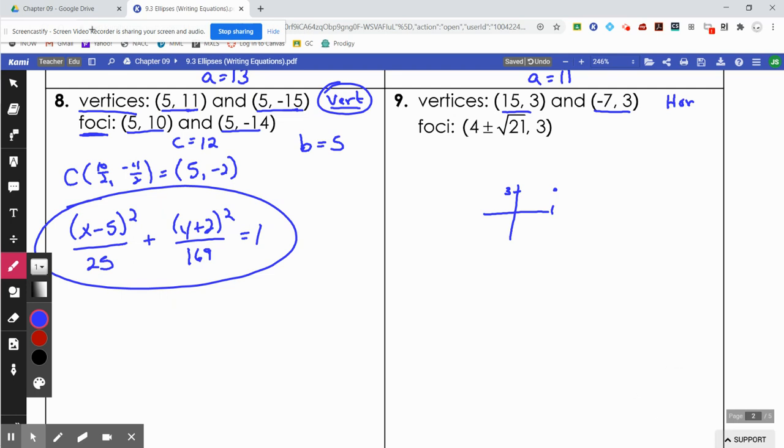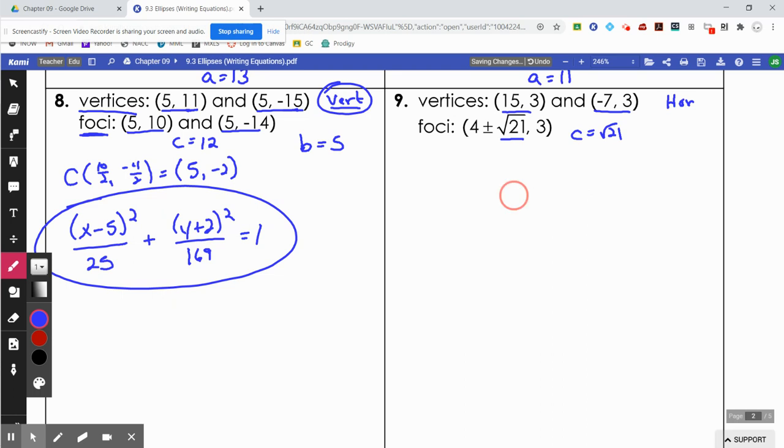So you're going to go right 4.5 and left 4.5, and there's the two endpoints of your foci. So how far is it from here to here? Well, it's the root 21. So your c value is simply the square root of 21. That's it.